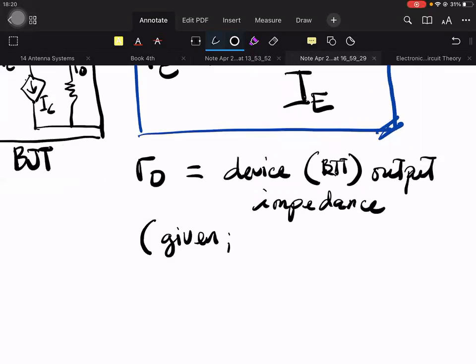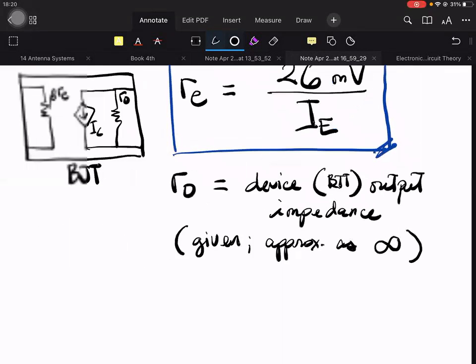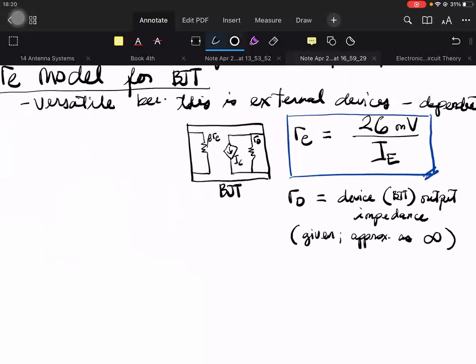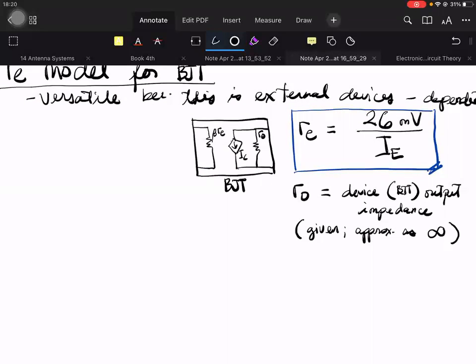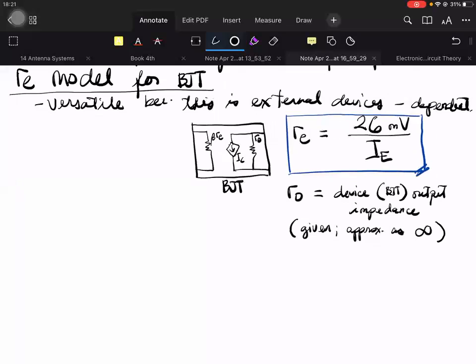If it is not given, it is approximated as infinity or a large value. I think these are what we need to learn to start using the RE model for the BJT.